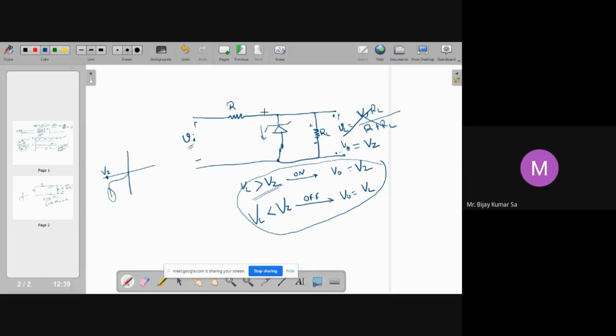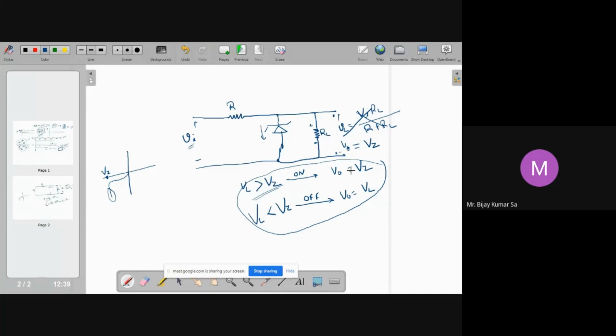Are you getting? The output voltage is regulated to a maximum of Vz by this voltage regulator which has been implemented using a zener diode. When VL is less than Vz, V output is simply VL. When VL is greater than Vz, the V output is simply Vz.